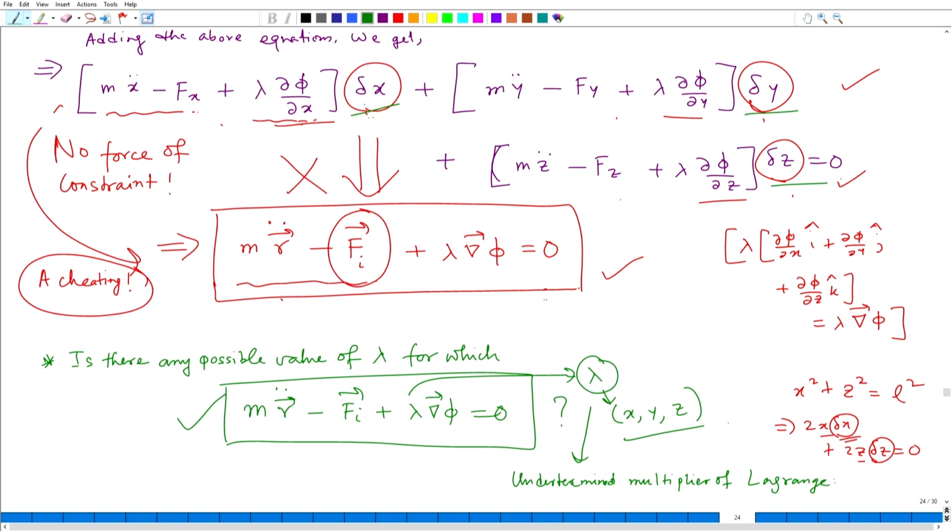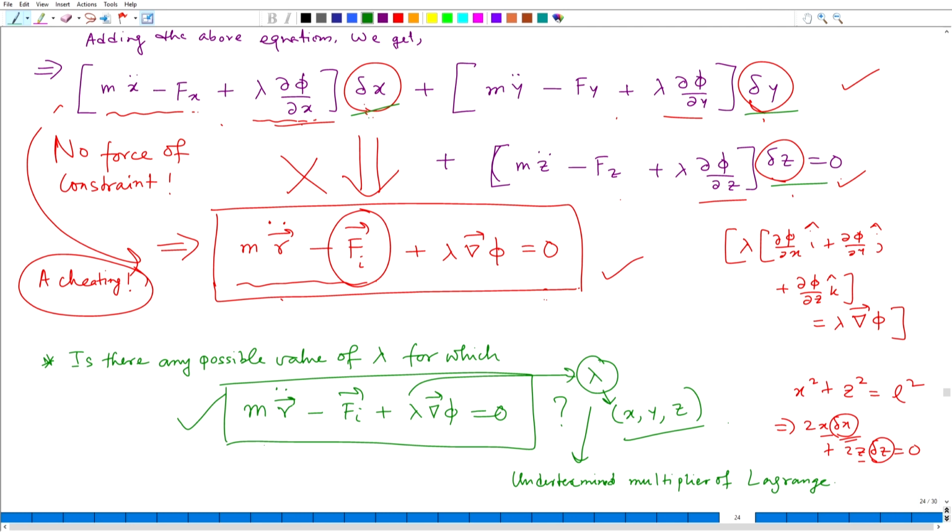If you really want to know a little bit more about undetermined multipliers of Lagrange, which is mathematically a very sound technique, you can go through good material on internet. I do not have any specific suggestion, but just read it, and if you have any question, you can always come back to me through forum. So, now you just admit that there exists a specific form of function for lambda for which this is still 0, even if these things are not arbitrarily chosen.